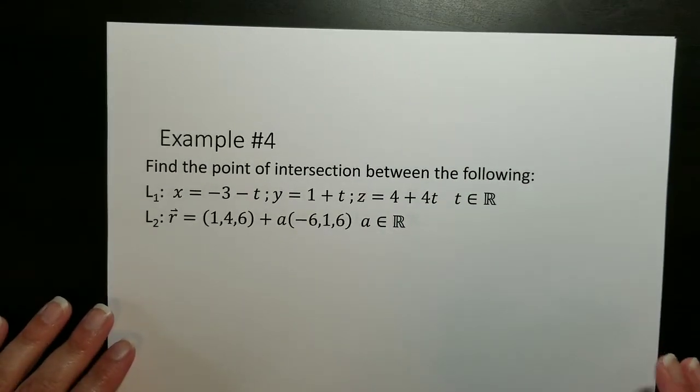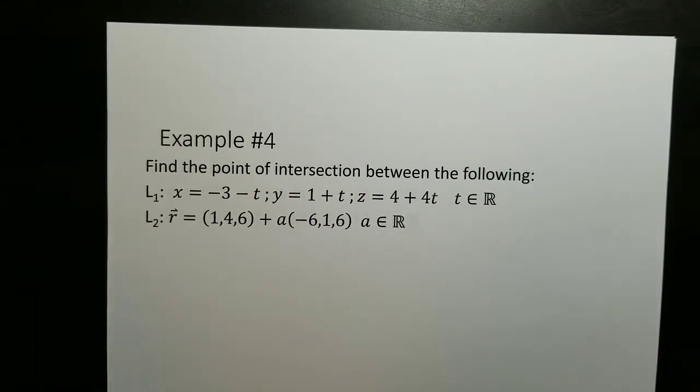Okay, so the first example here, we're given 2 equations of lines. The first one is written in parametric form, and the second one is written in the vector form.